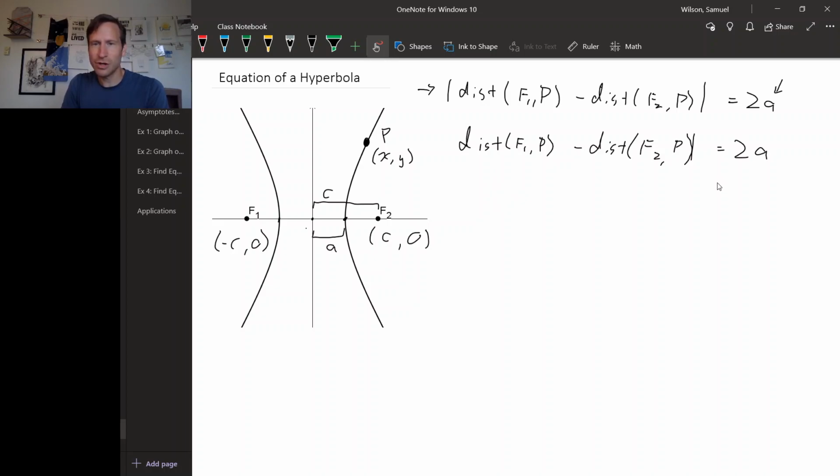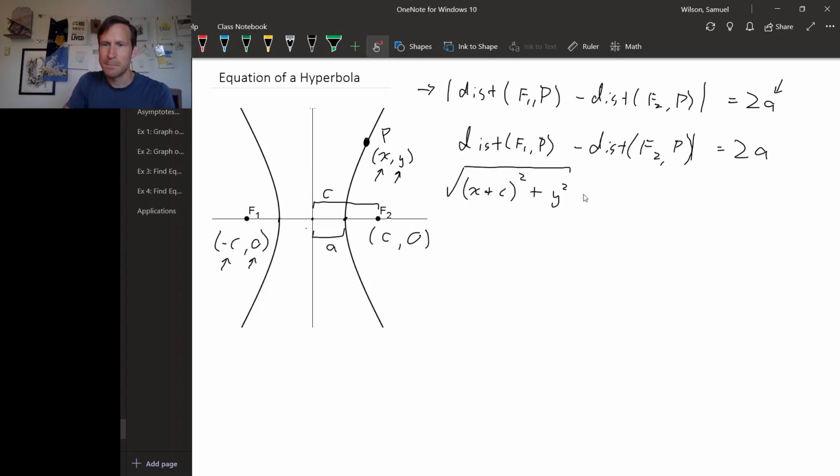Okay, so here's our equation. Let's write both of these distances as square roots. Since we have a coordinate system, we can just use the distance formula. So the distance from F1 to P is the square root of the square of the difference in x coordinates. So that's x minus negative c, so x plus c squared, plus the difference in y coordinates, but that's y minus 0, so that's just y squared.